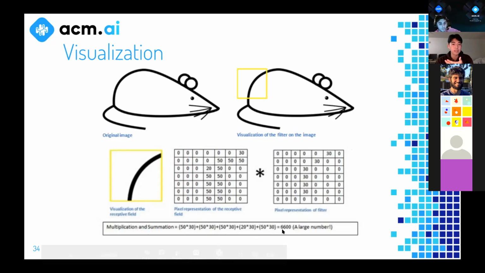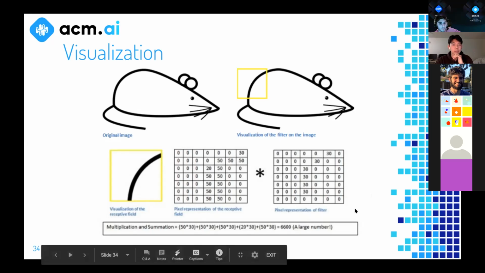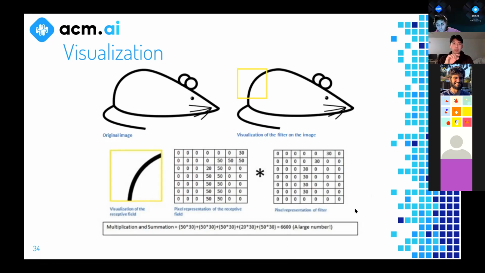This indicates that there's something in the image that matches our filter, so we can say that in this local part of our image, we are likely to have this sort of structure.